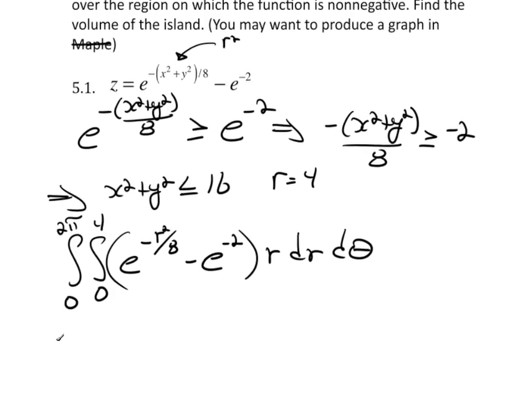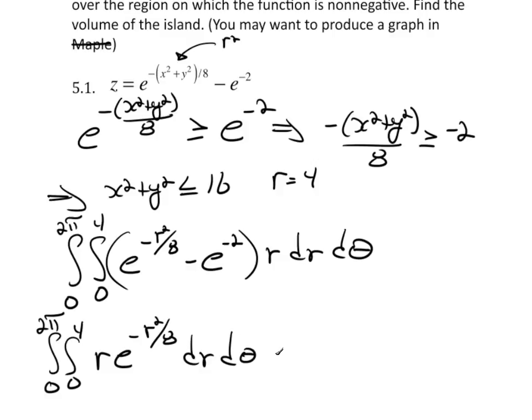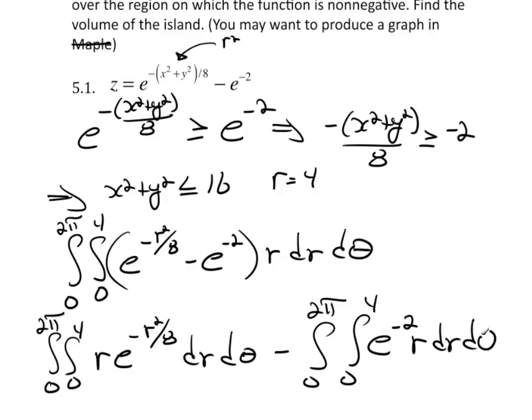Okay, so this is going to be the double integral 0 to 2 pi, 0 to 4. I don't necessarily need to break this up, but I'm going to, because it might be a little bit easier for you to see. r e to the negative r squared over 8 dr d theta minus the integral 0 to 2 pi, 0 to 4 of e to the negative 2 r dr d theta.